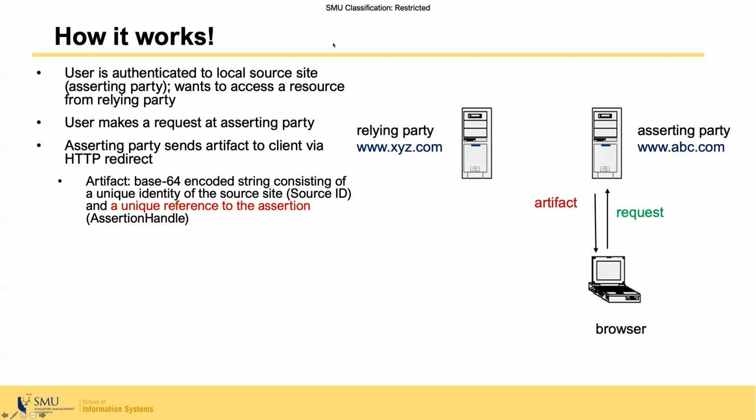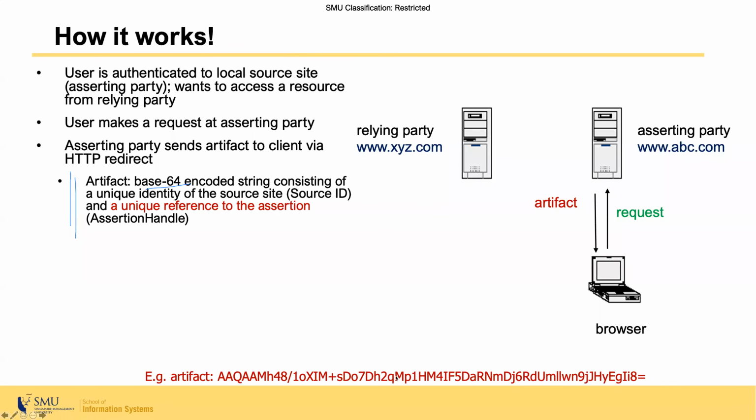So the artifact is basically a base64 encoded string. For example, it looks something like this. It wouldn't make any sense, but in fact, it is a unique reference. It provides a unique reference to the actual assertion that is prepared by the asserting party. So it is also known as the assertion handle.